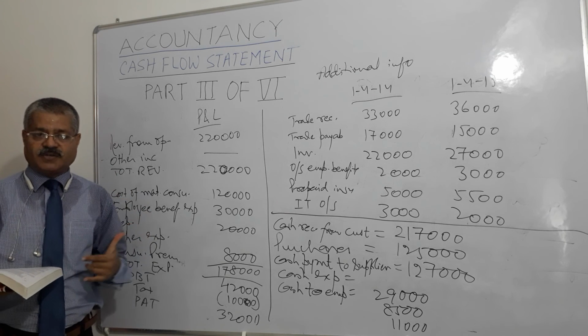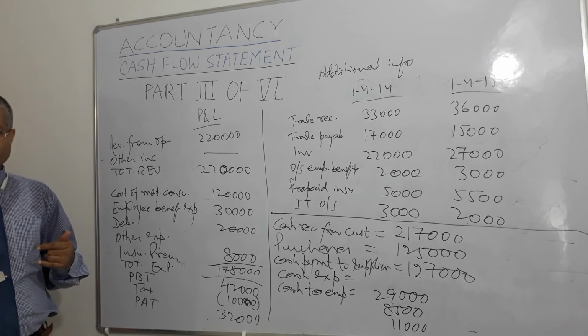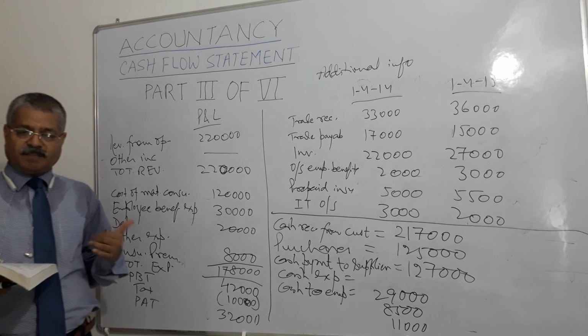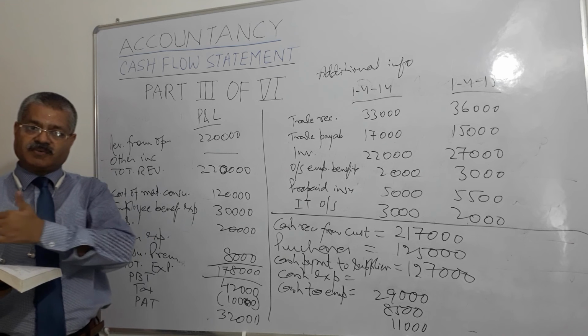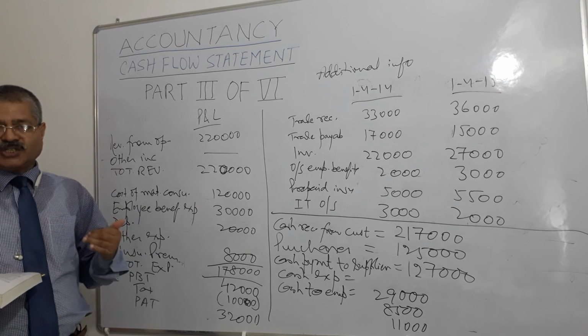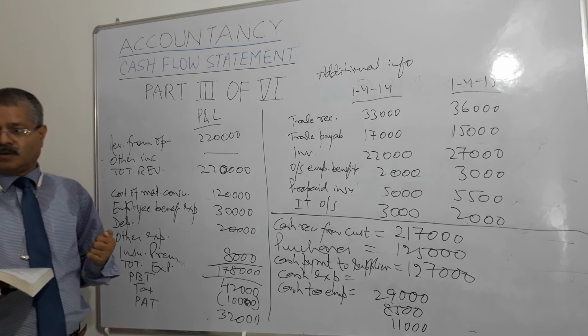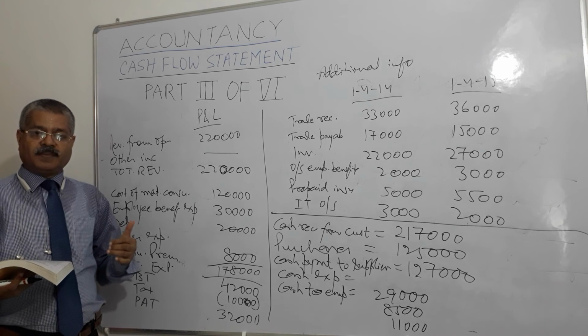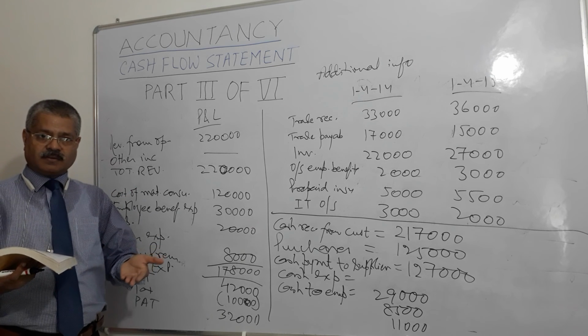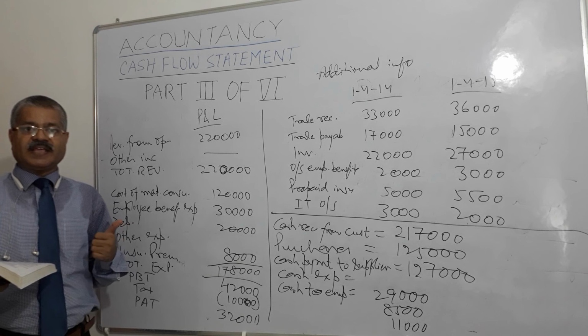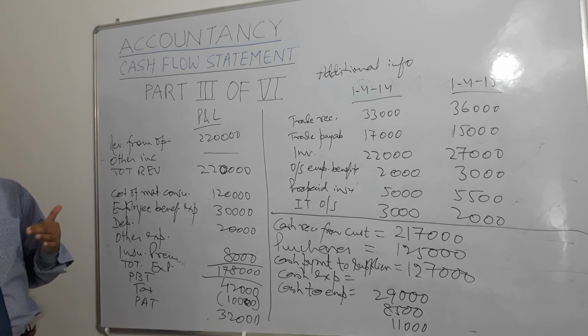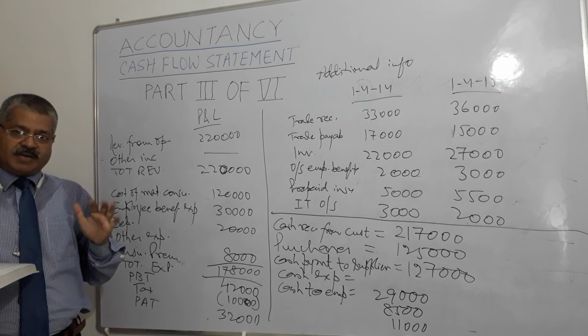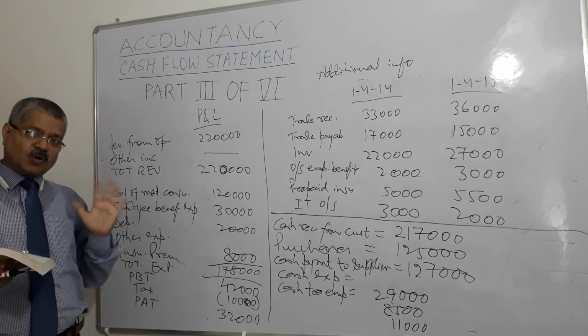So we have seen, once again, we need to discuss under four heads. Cash received is equal to net sales plus trade receivables at the beginning minus trade receivables at the end. Cash payment to suppliers: purchases plus trade payables at the beginning minus trade payables at the end. Then cash expenses. We have already discussed accrual basis, not actual basis.